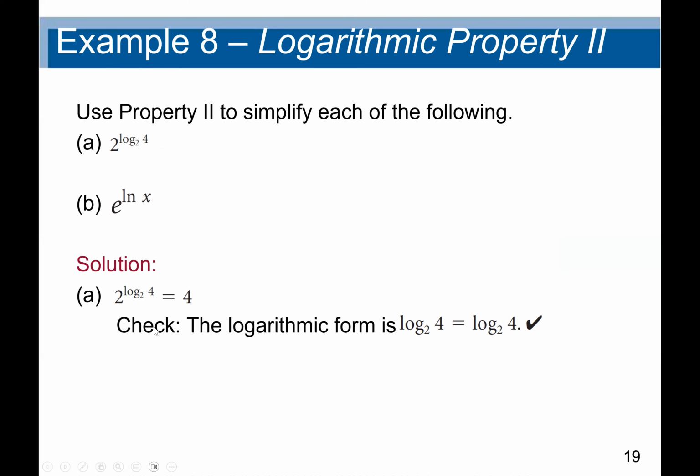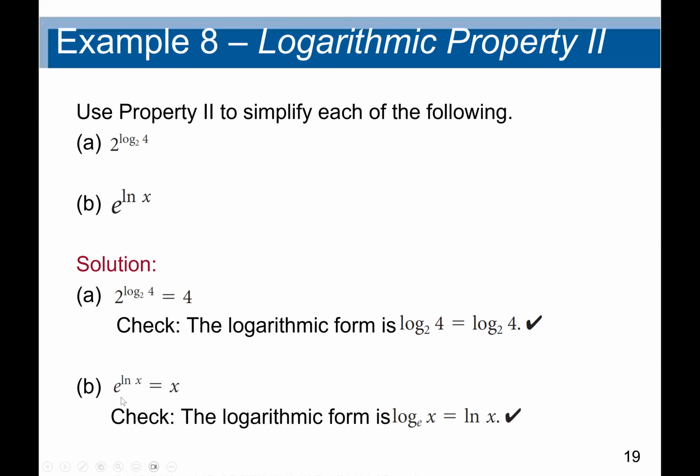So the first thing we do, we have 2 to the power log base 2 of 4. Now, the 2 here will cancel the 2 here, so the answer will be 4. Same thing in our second question, we have e to the power natural log of x. Natural log here is log base e. So if you have e raised to the power log base e of x, the e's will cancel, so the answer will be x.